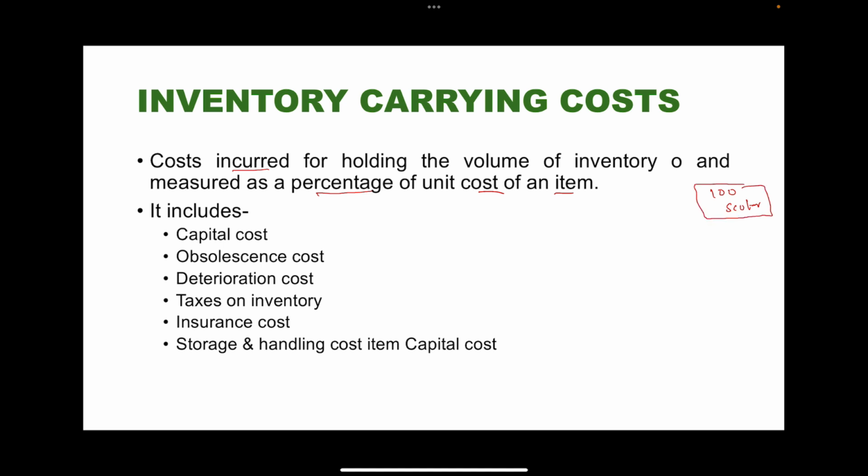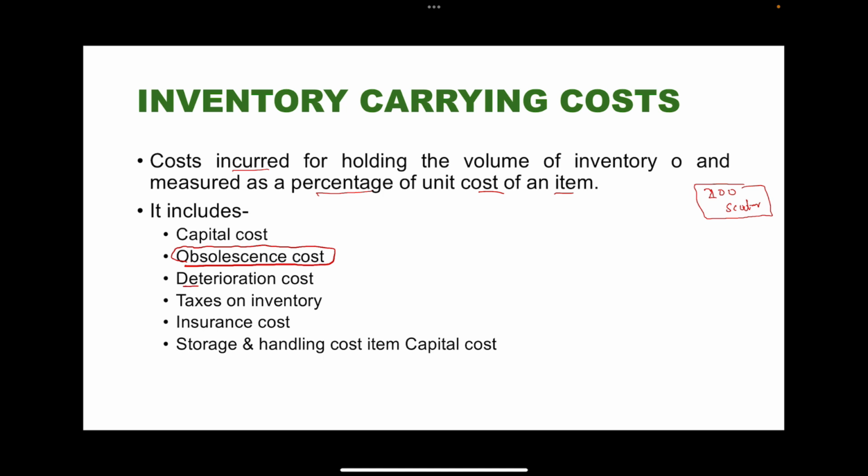Suppose you are storing some 200 and you are not able to sell the scooters in 1 or 2 years, there is an obsolescence cost associated with that. Its value will be decreased. Obsolescence cost, because the scooter may get out of date. Because of the advent of new technologies, the scooter may not be purchased later.